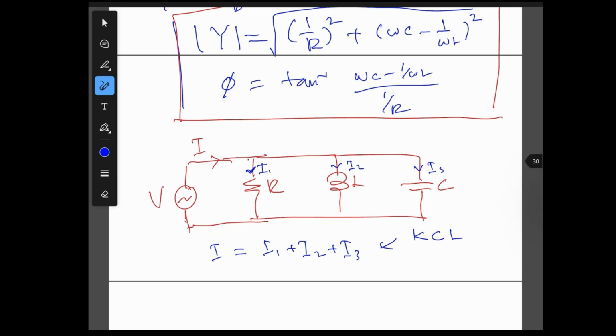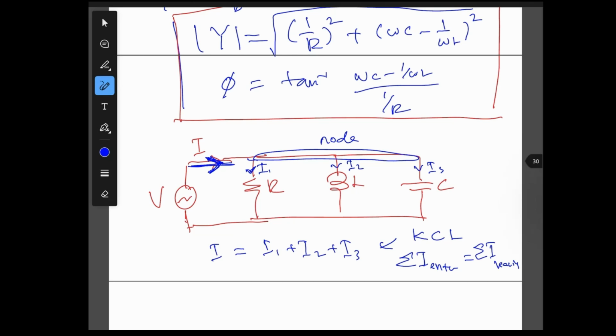Let's say this is a node, the same node with branches. So the total current entering the node is I; just one current enters the node.